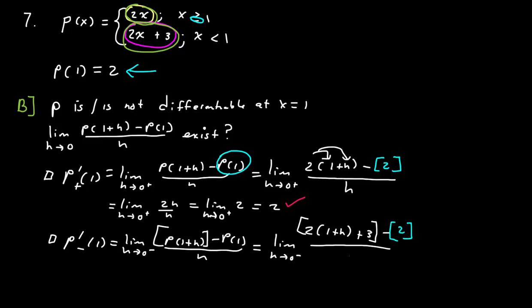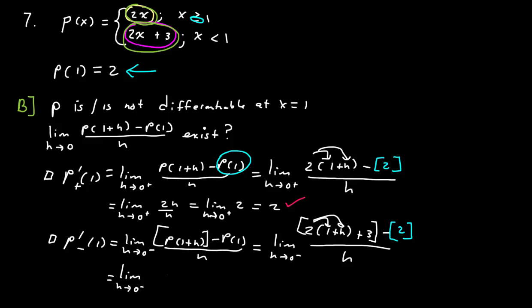And that's why when plugging in 2, it's sort of displacing it away from the 2x plus 3 line, which is going to make something go haywire here. Let's see what I mean by that. So as h approaches 0 from the left, distribute 2 and 2h and 3.